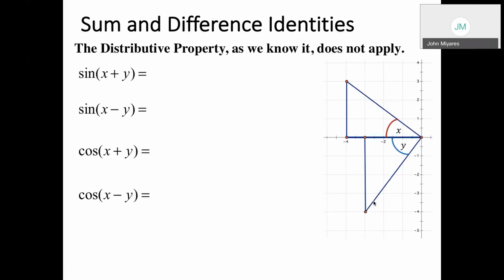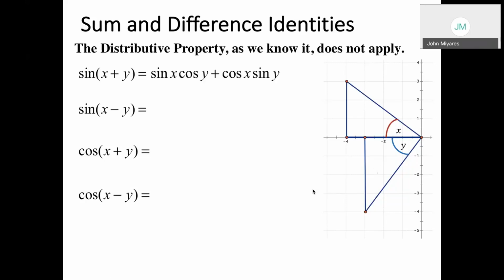So if I were to take the sine or the cosine or the tangent of that angle x plus y, those angles will generate, when I apply the right trig functions, all positive values for sine, cosine, and tangent. If I was to just look at the sine of x and then the sine of y and add them together, that's not going to happen. Anyway, let's see what the identities look like here.